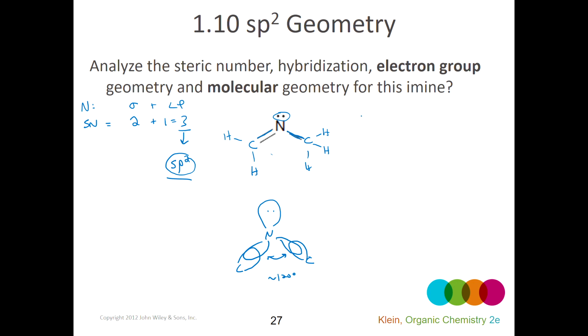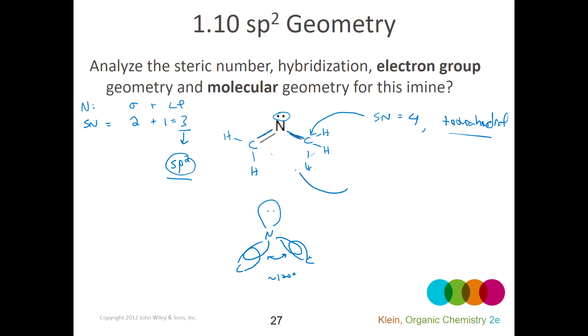What's the steric number and geometry of this carbon? Well, 4 sigma bonds and 0 lone pairs, and so that's tetrahedral. It has 4 atoms attached to it, 3 hydrogens and a nitrogen. 4 atoms attached, all with single bonds, tetrahedral.